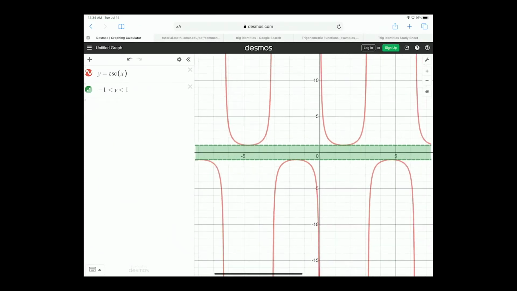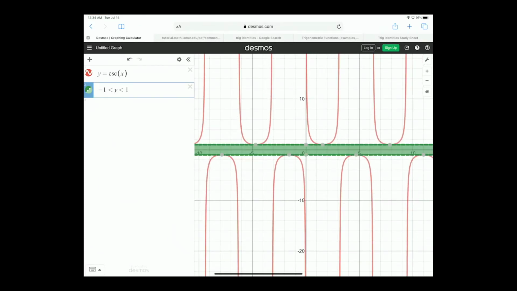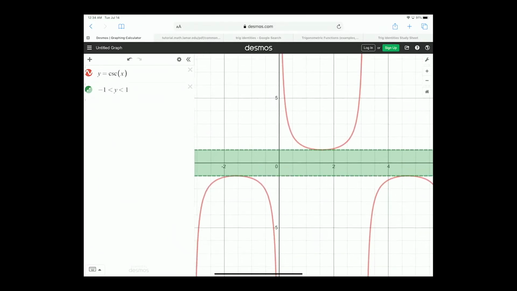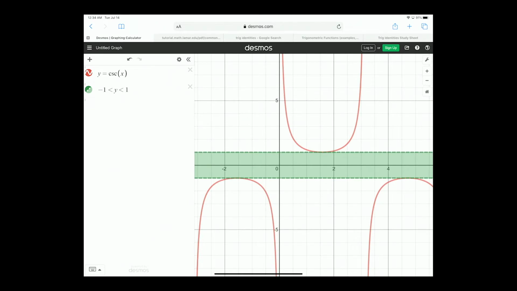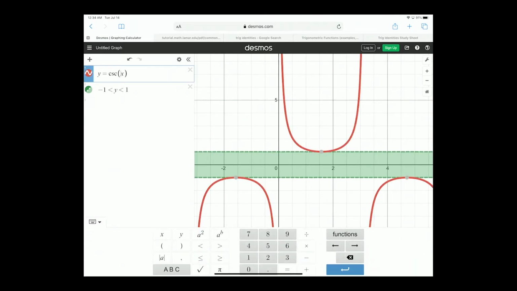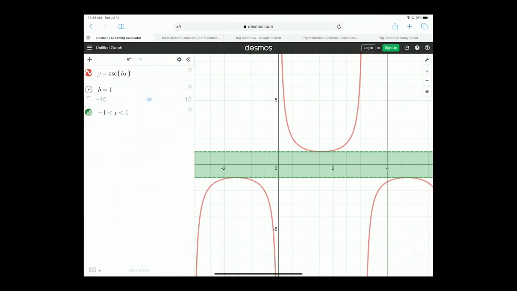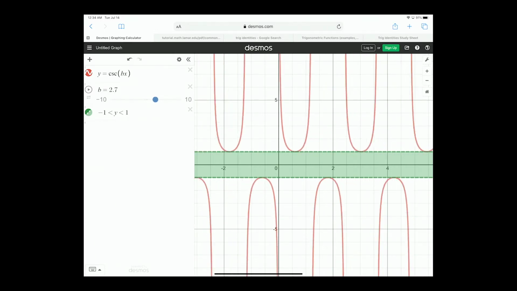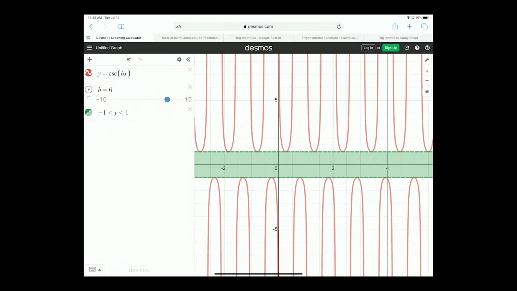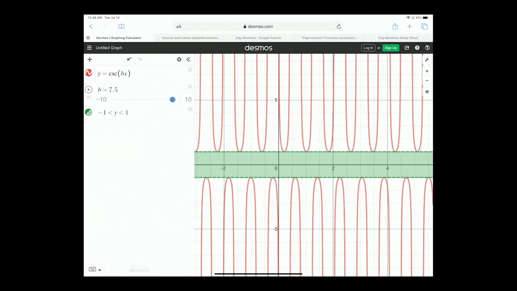This is a cosecant, but everything for the cosecant applies to the secant as well. If I put a slider for b, then when b is 1, that's the normal one. But if I make this bigger, it makes the graph skinny. The bigger the number, the skinnier the graph.